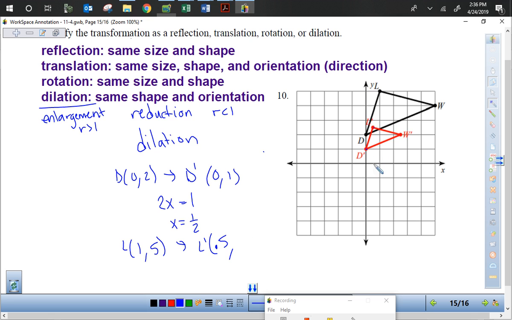And then it went up 1, 2, and it looks like a half. So then, if I take 1 times 1/2, I do get 0.5, so that works. If I take 5 times 1/2, I do get 2.5, so that one works, so that checks. So dilation with R equals 1/2.